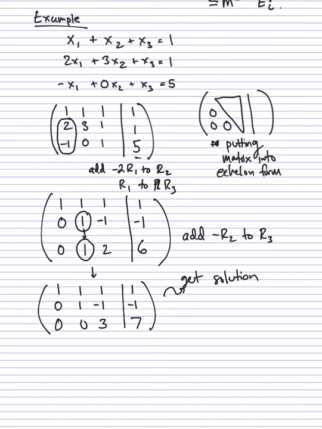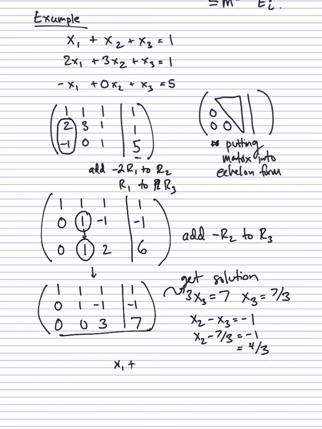Okay? And now from this, we easily get a solution to the system of linear equations. In particular, now the third equation looks like 3x3 is equal to 7, so x3 is 7/3. The second equation now is x2 minus x3 is minus 1, and we know x3, so we have x2 minus 7/3 is minus 1, so x2 is equal to 4/3.